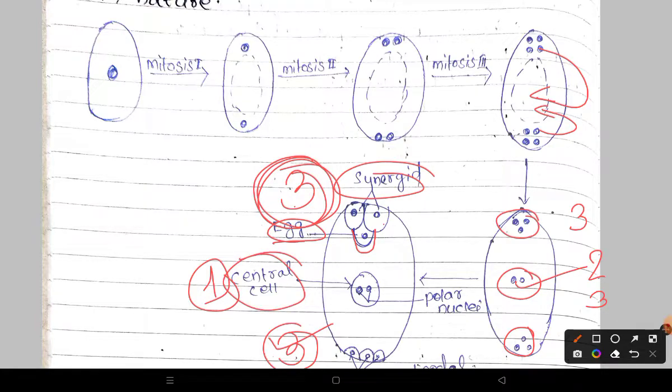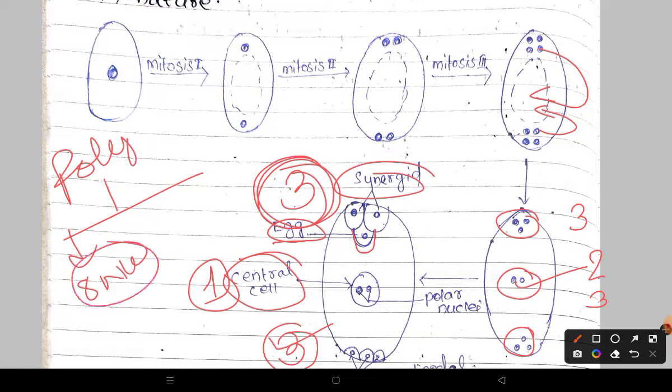So a mature embryo sac contains 8 nuclei and 7 cells.